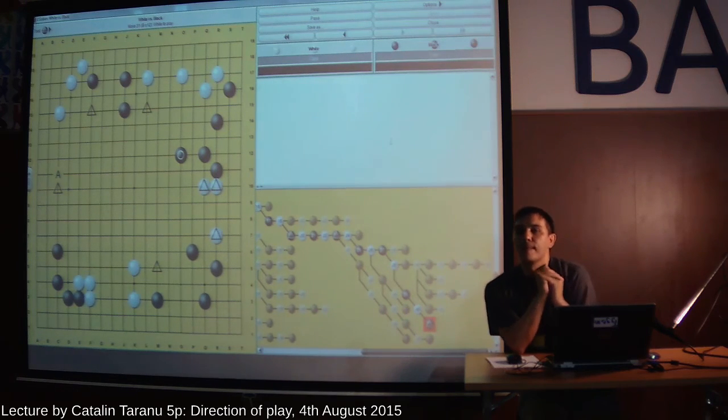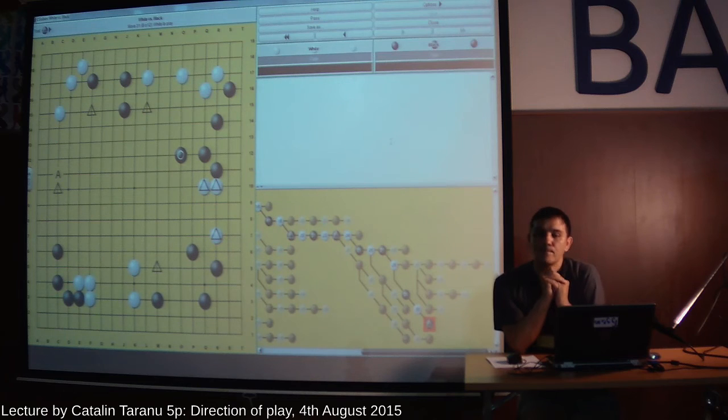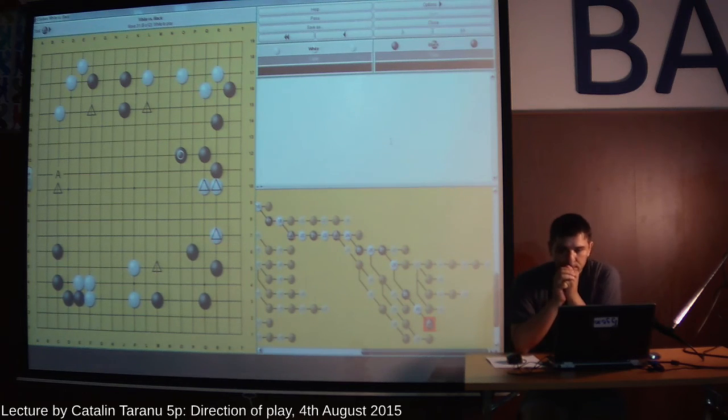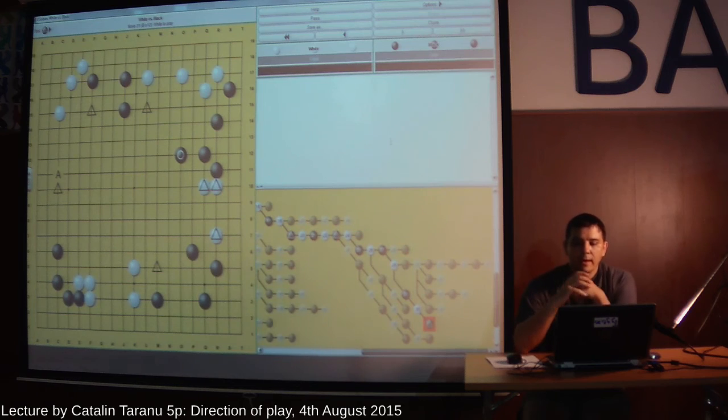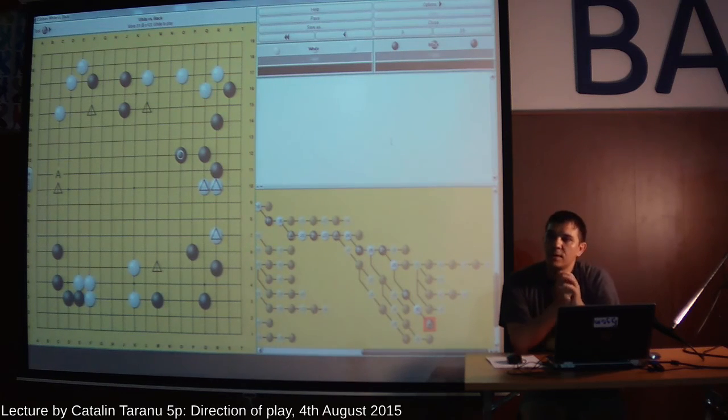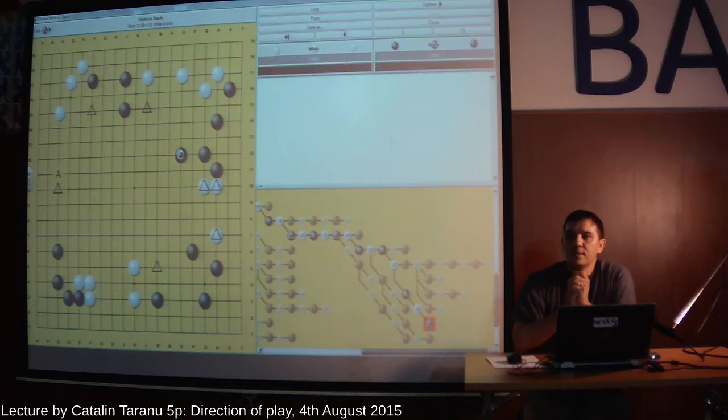Yes? Why need to move out first, so we can think of taking the top next, or maybe the lower bottom right? Yeah, in Go, there is something very important. If you have weak groups and you let them be completely surrounded, even if you can make life, this can be very painful because suddenly by attacking, Black can get a lot of profit.